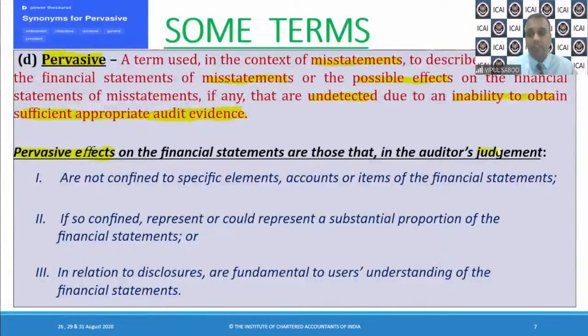Pervasive effects, in the auditor's judgment, as per the auditor. Pervasive means they are not confined to specific elements, accounts or items of the financial statements. Elements means purchase, sale, elements of financial statements.